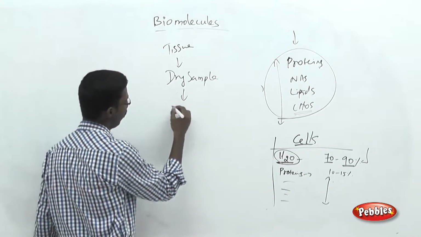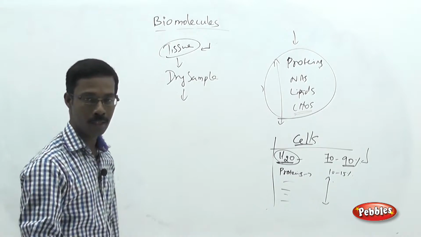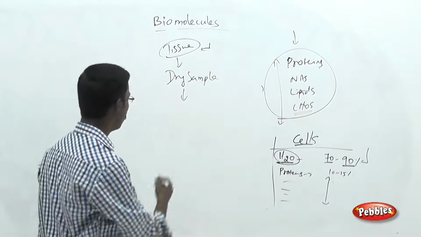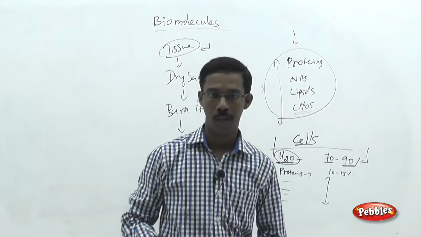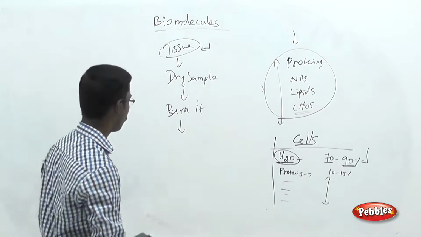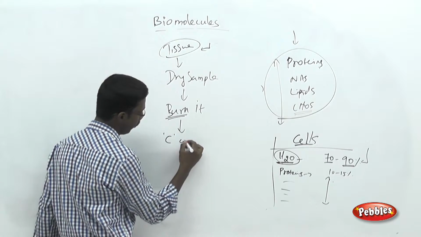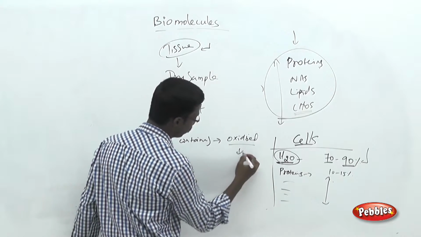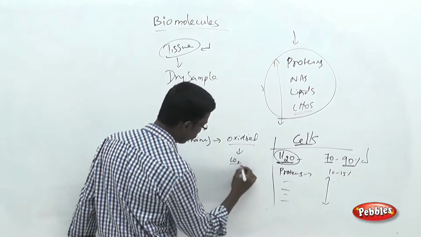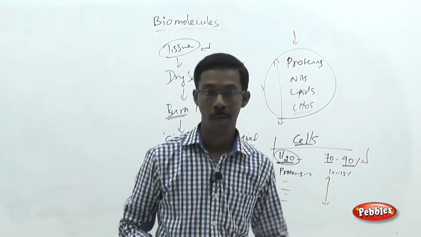Suppose you have taken a living tissue like a meat sample or any other organ sample, you have to burn it. What happens while you are burning the tissue? It will burn out. What do we mean by burn? All the carbon containing molecules get oxidized into carbon dioxide. That means all the carbon containing compounds are burned.